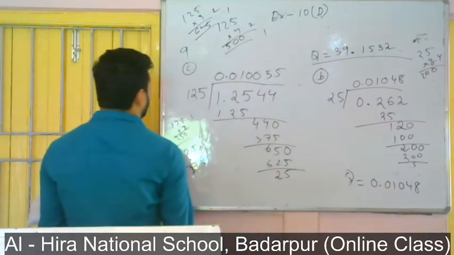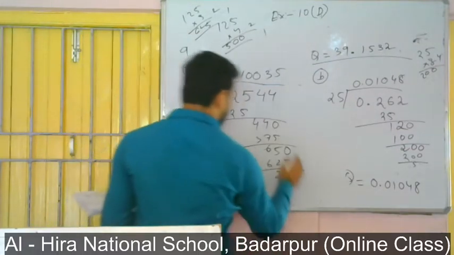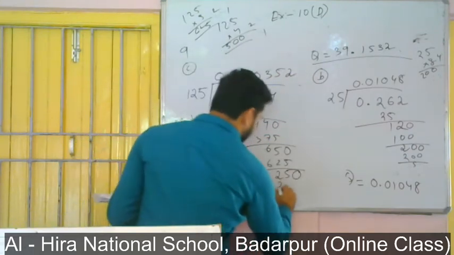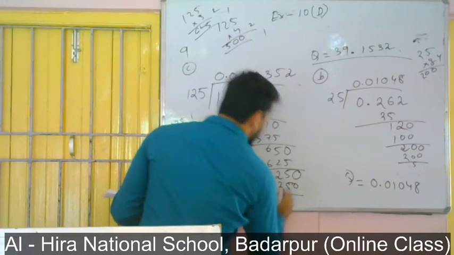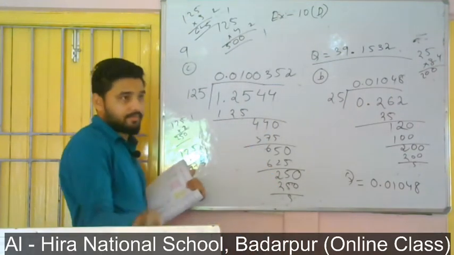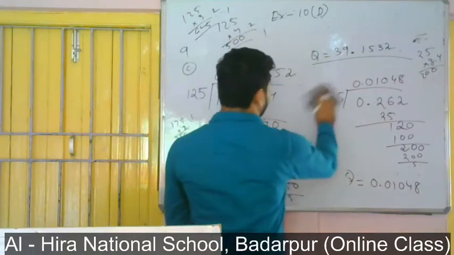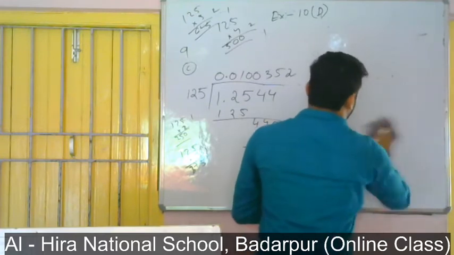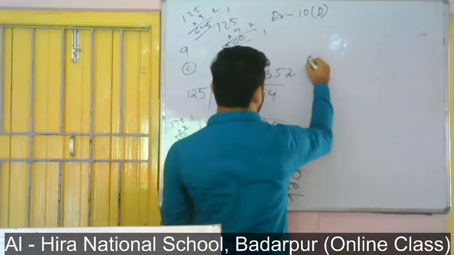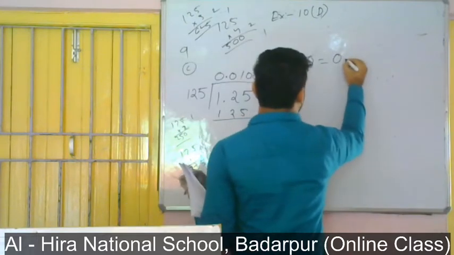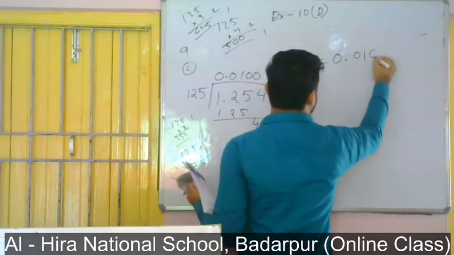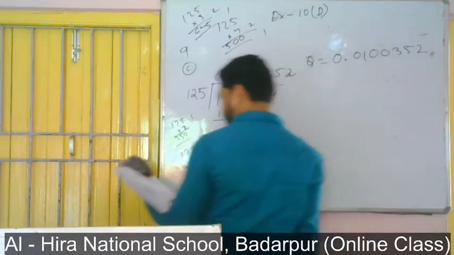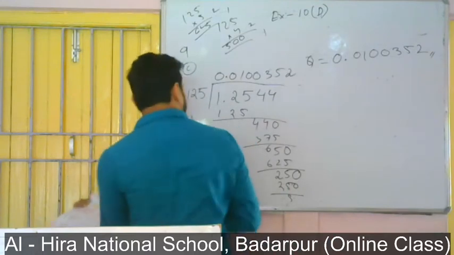So it is not divisible, point is there, so we'll put 0. Now we can divide it by 2, 125 2 jar 250. So you can write the question as 0.0100352.